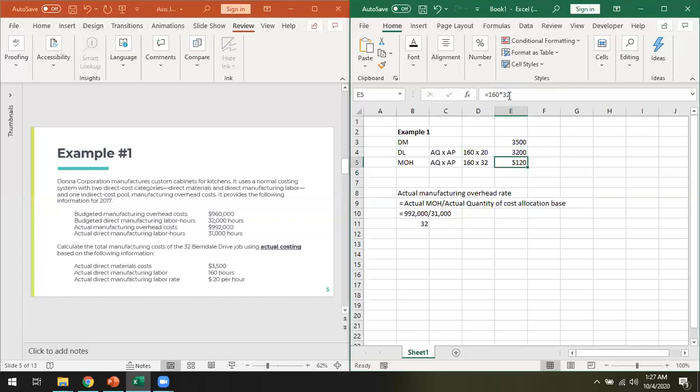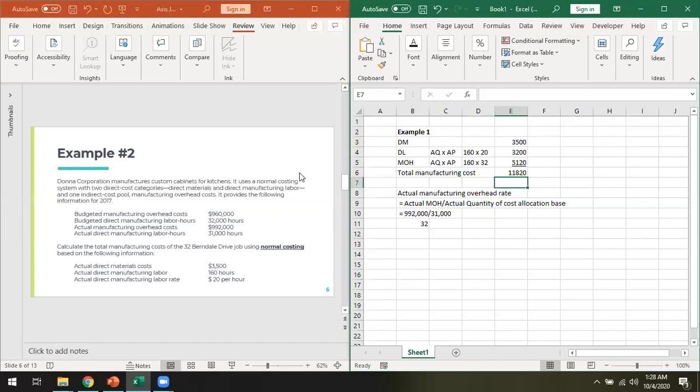So the total manufacturing overhead cost, total manufacturing cost, the sum of this number, it is 11,820. That's example 1.